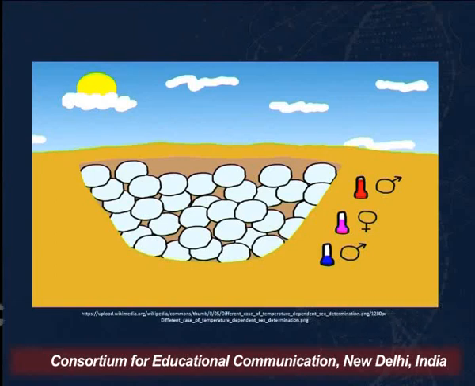The ones at the deepest point would be exposed to comparatively much lower temperatures, and they would again be male. And the ones in the middle, exposed to intermediate temperatures, would develop into a female.